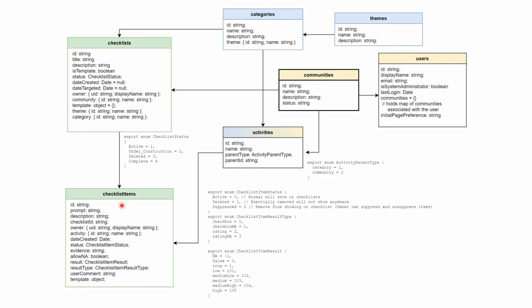Something else central to the old version of our checklists was the use of communities. My original idea was to make a checklist application that could be used on the internet, so in theory you could have millions of users of it.